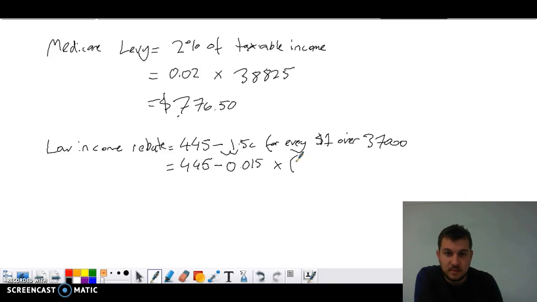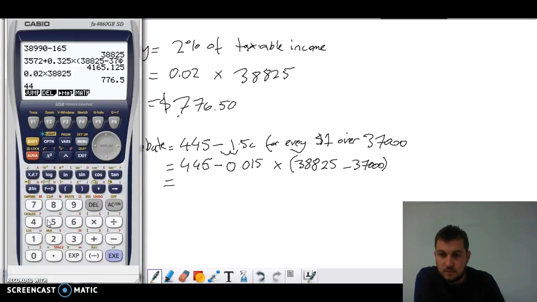Well, let's find out how many dollars he is over 37,000. It was $38,825. Take away $37,000. I don't predict that he's going to have a lot reduced off of that because he's not too far over 37,000. So let's put that into the calculator. 445 take 0.015 times 38,825 take 37,000.